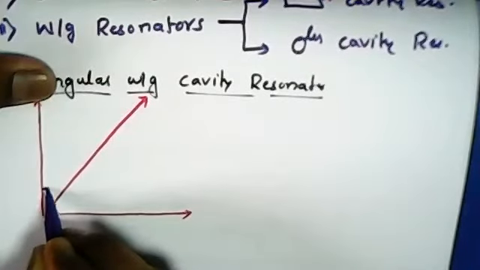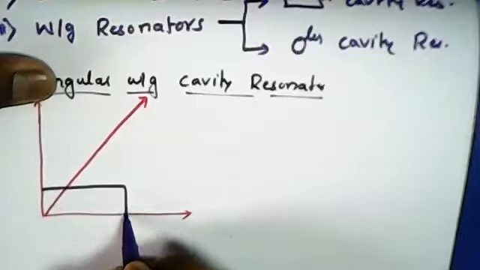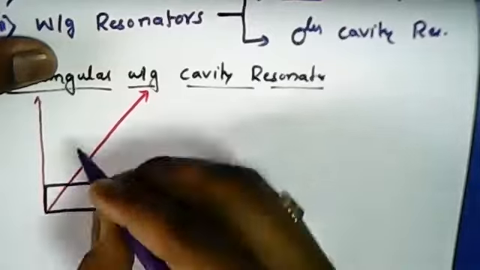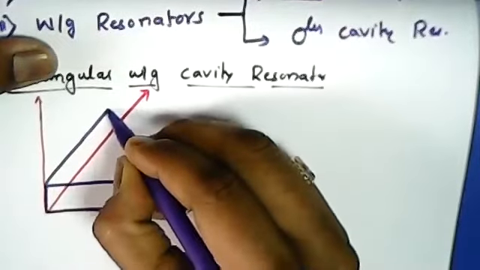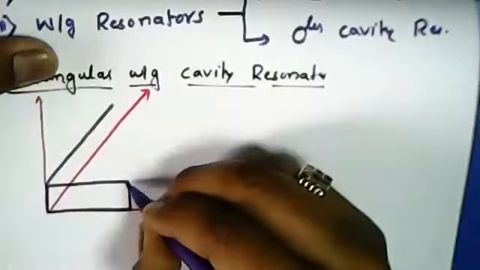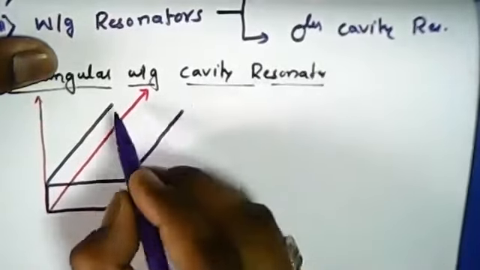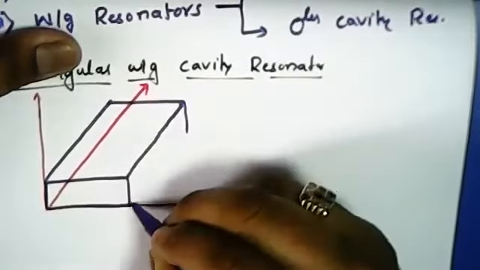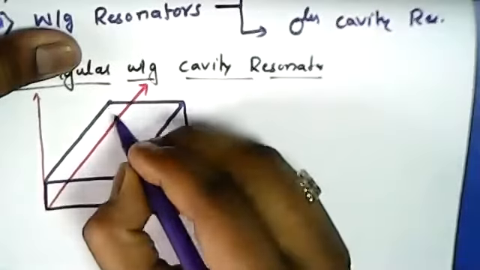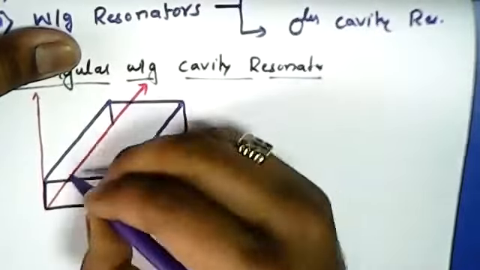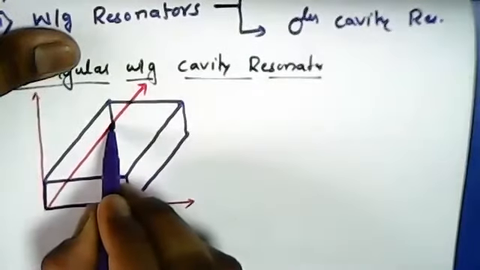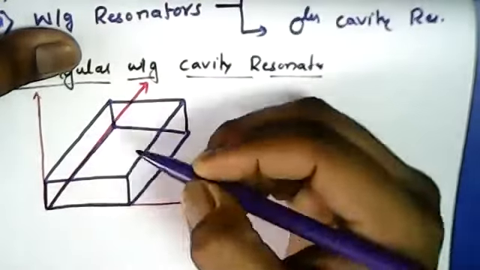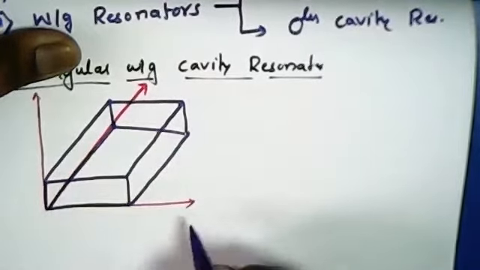Let us assume that this is the rectangular cavity resonator.